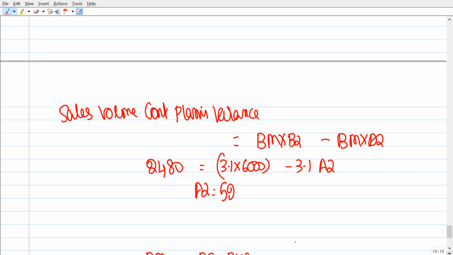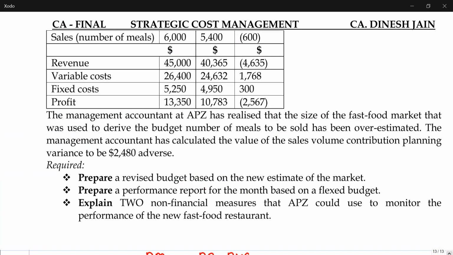Okay. The budget is wrong. I should not be having 6,000 as the budget. The budget is only 5,200. In fact, on the sales side, it means I have done a good job. On the sales side, it's a good performance by me because it's only 5,200. Any doubts in this?